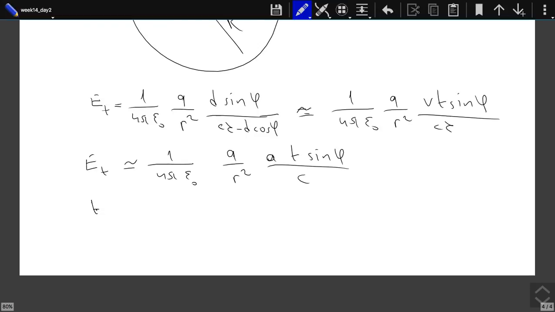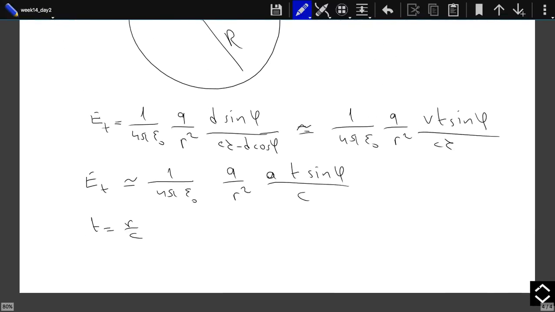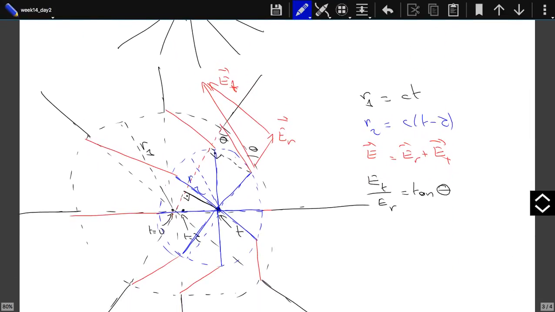Now, what is t? T is R over C, because this distance R, I'm looking at a point which is in this shell, where R is equal to C times T. We had already written it over here.